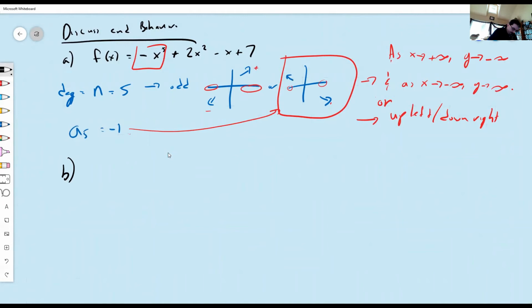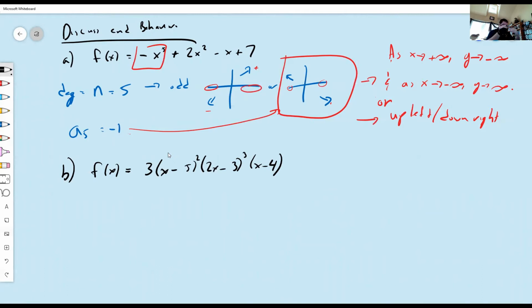Part B. All right, so here's one that's already been factored. We need to find the lead term in order to discuss end behavior.